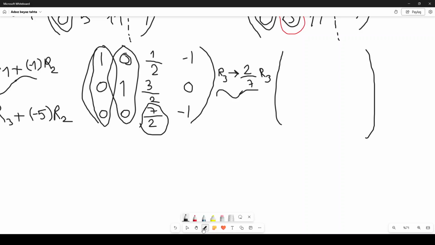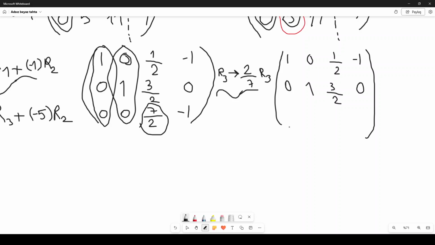Okay, let's keep doing our computation. The first row is as it is, because we're done with the first row for the time being, and we're done with the second row for the time being, and here are the values we have up to this point.